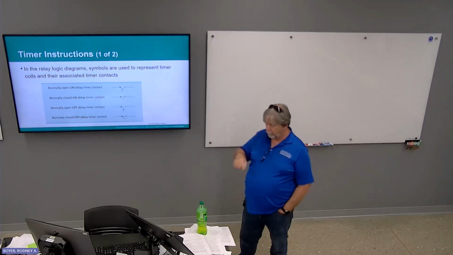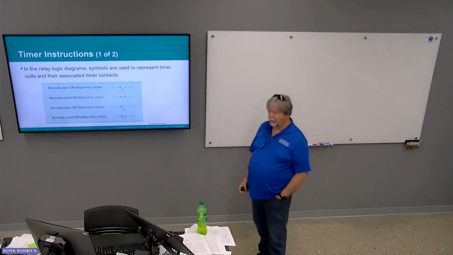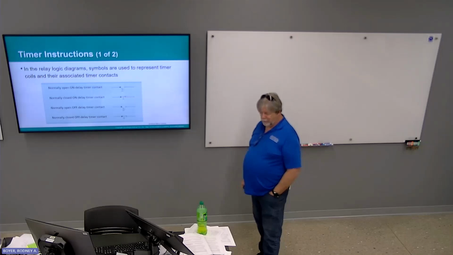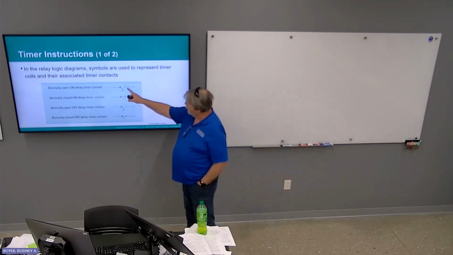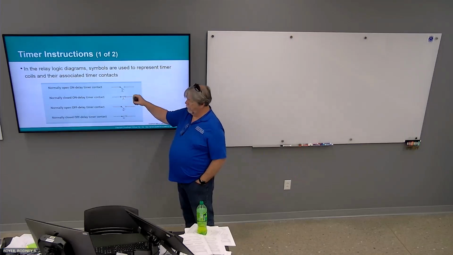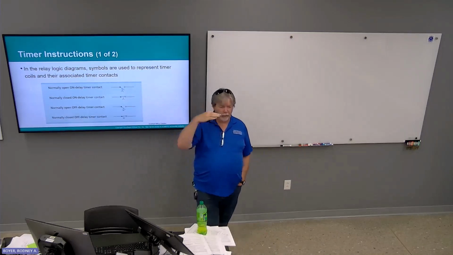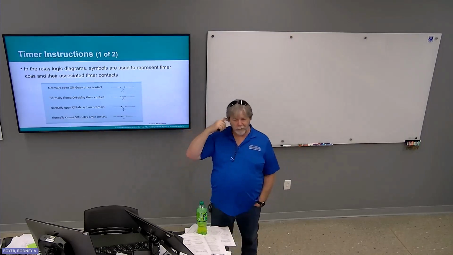In relay logic diagrams, a symbol used to represent timer coils and their associated contacts: normally open on delay. So you can see it's a normally open contact, and the arrow will indicate which direction the contact is going to move when the time expires.